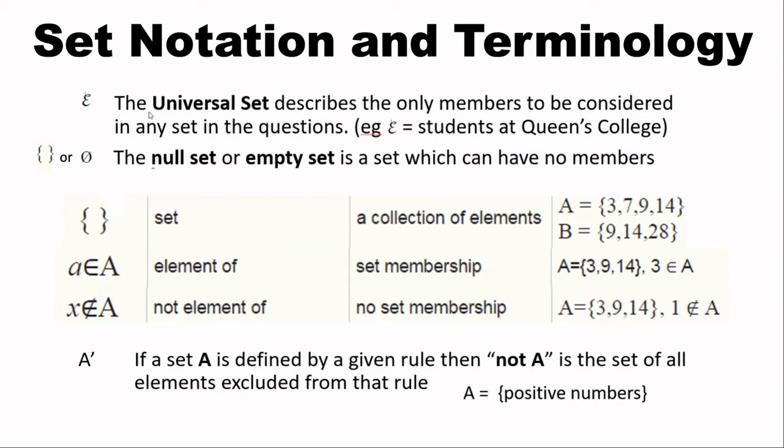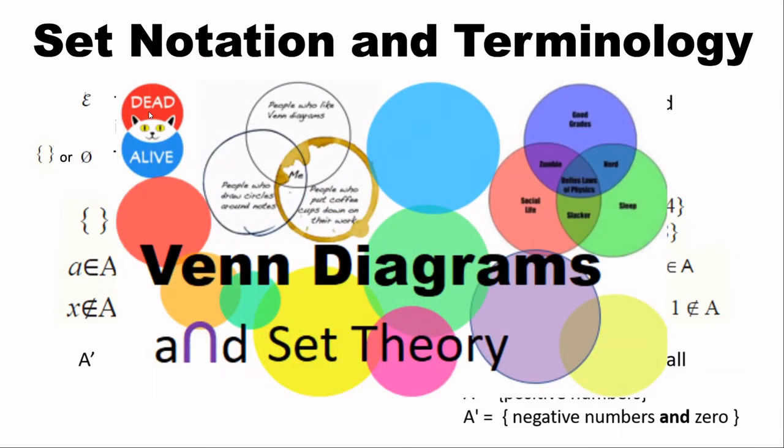For example, positive numbers and not positive numbers being negative numbers and 0. Now I'm going through this quite quickly because we've already seen it, but if you need me to go through this a little bit more in detail, have a look at that video down in the description box below.